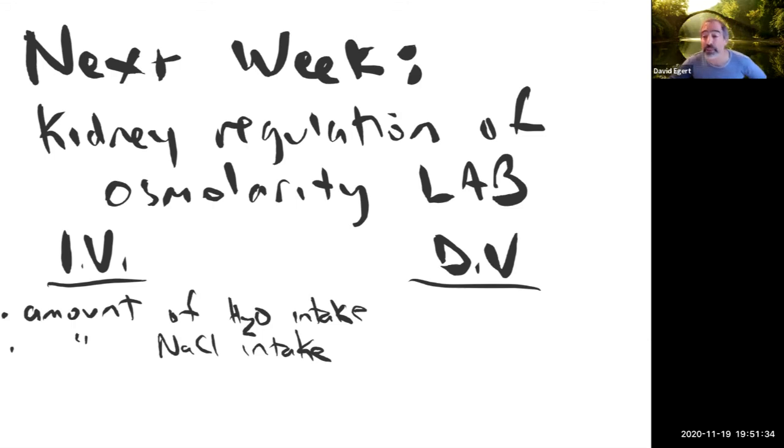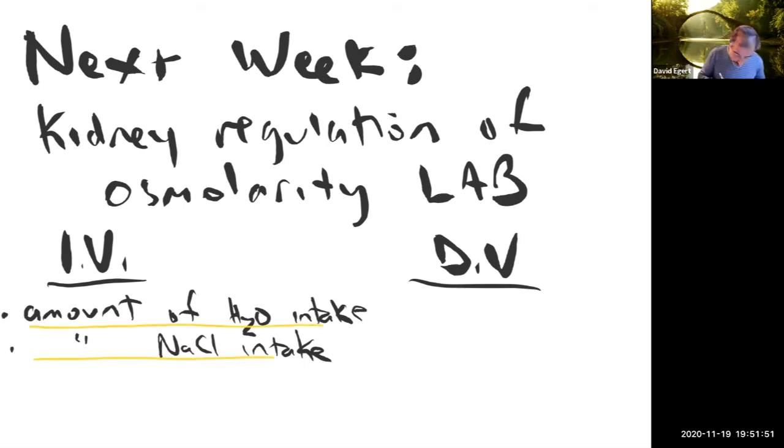We're going to have some people eat salt tablets and some people not. So some people will take in excess salt, some people won't. So these two seem pretty obvious.